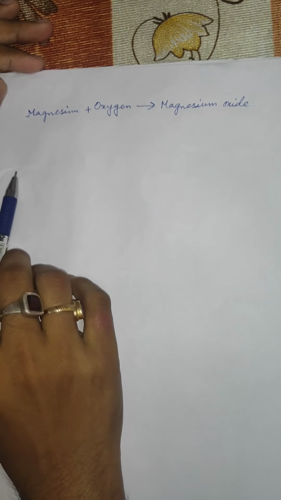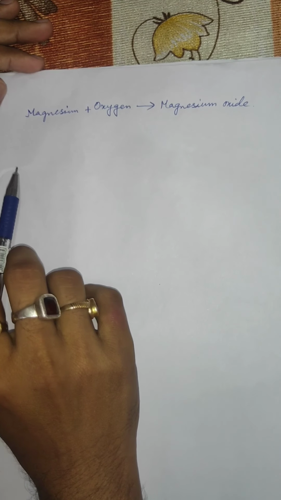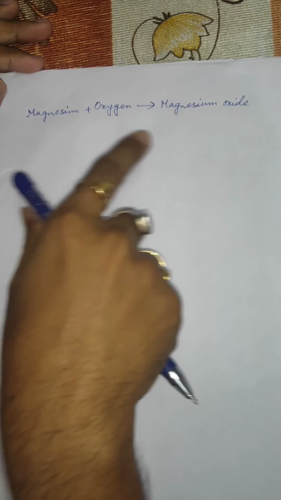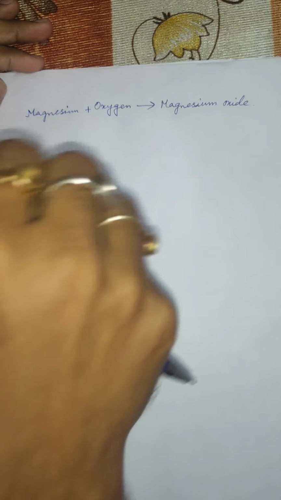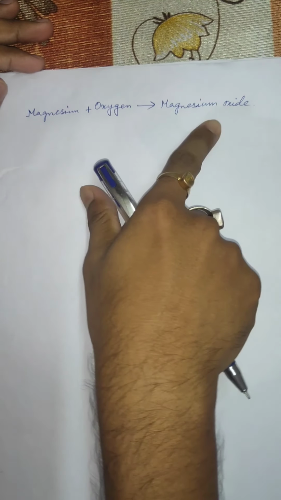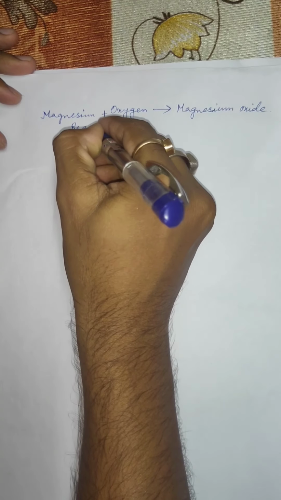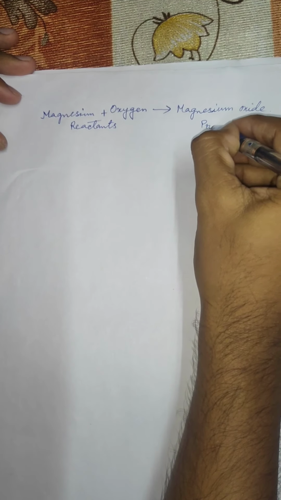Okay. So this is how you can represent a chemical equation. By looking at this equation you can understand that a reaction between magnesium and oxygen takes place and the product is magnesium oxide. Alright. So these are reactants and these are products.